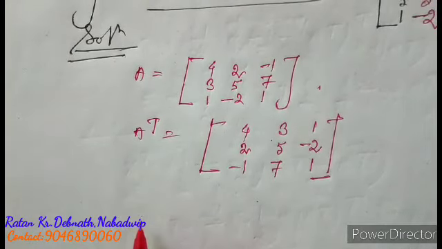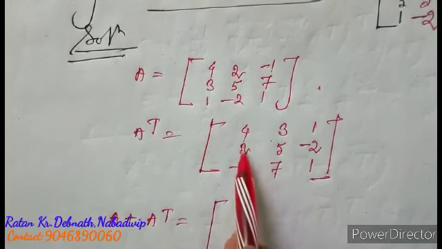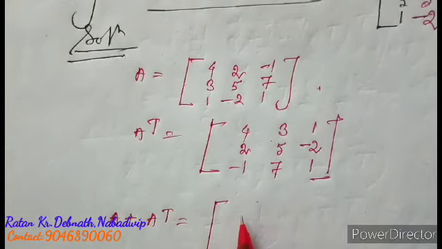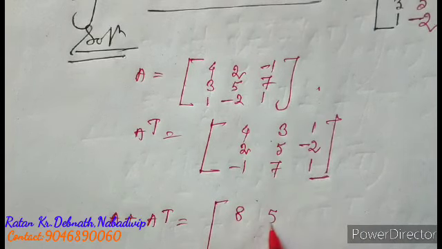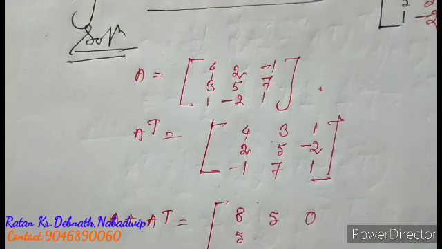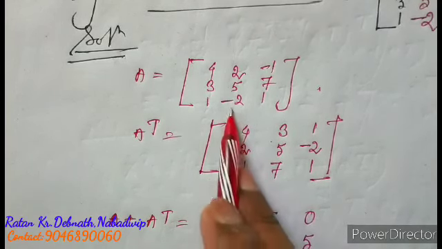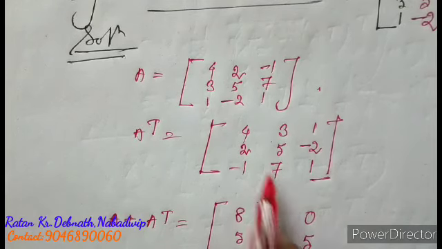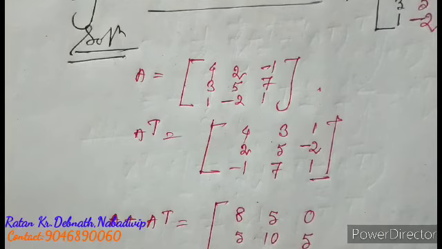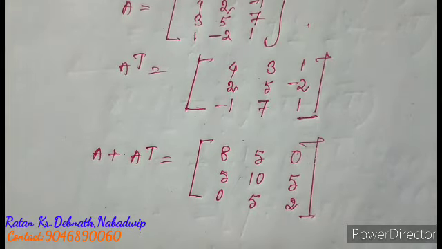Now A plus A transpose equals the sum of the corresponding elements, therefore 8, 5, 0; 5, 10, 5; 0, 5, 2.